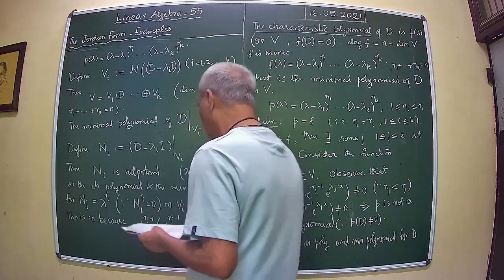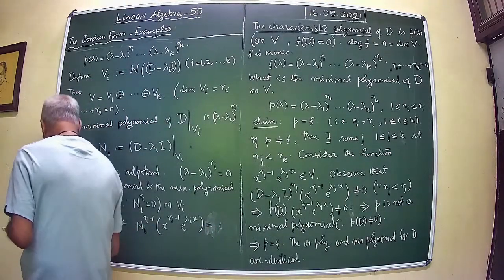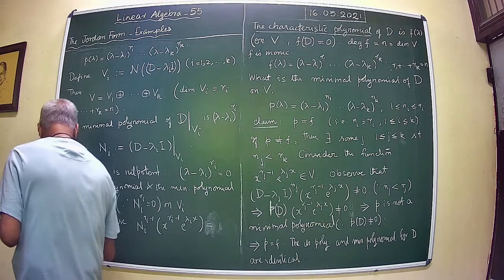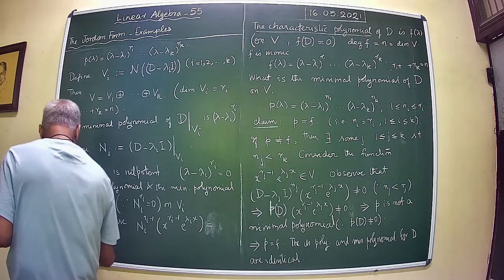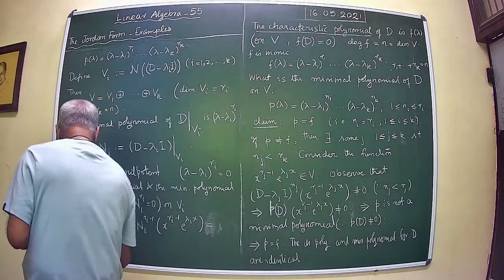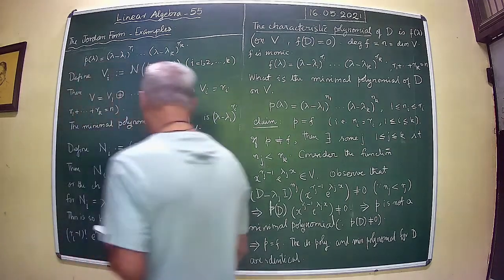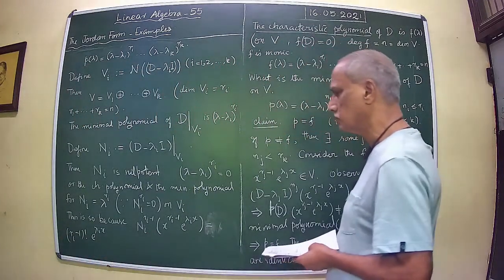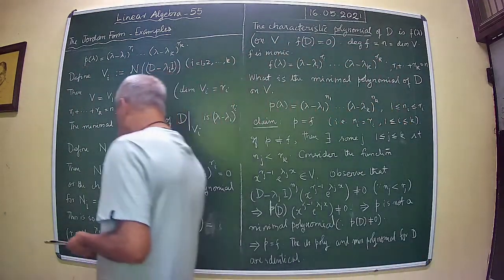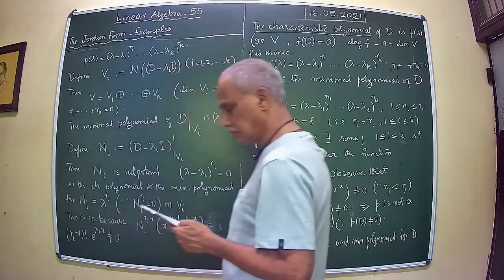If you compute, this is equal to Ri minus 1 factorial times e to the power lambda i x, which is not equal to 0. Okay.